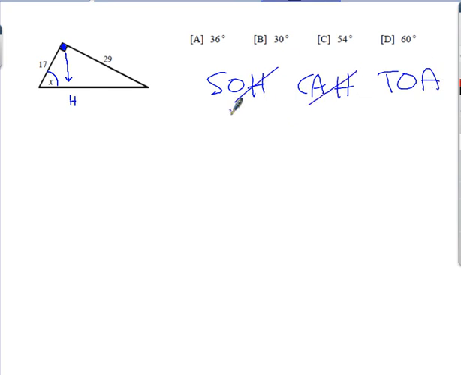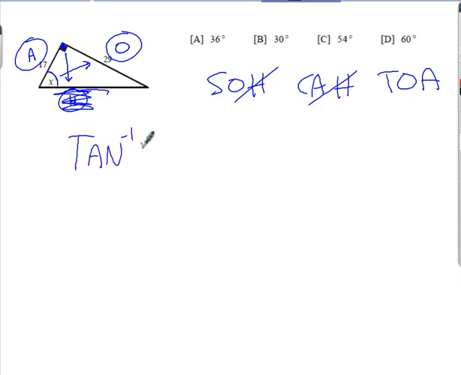But let me just show you the opposite. This is the opposite side, and this one left is going to be the adjacent. So I like to label the hypotenuse first, then deal with the opposite, and then the adjacent is the one that's left over. They didn't give us a hypotenuse length, so we don't have that as an option, so we're going to go with the inverse tangent function of opposite over adjacent, so 29 over 17.